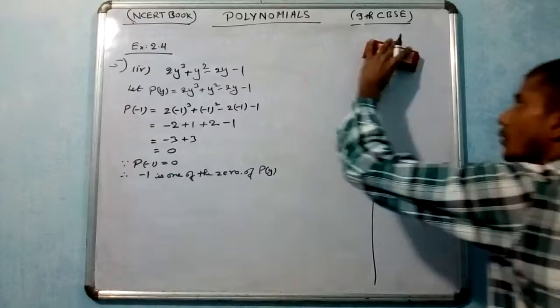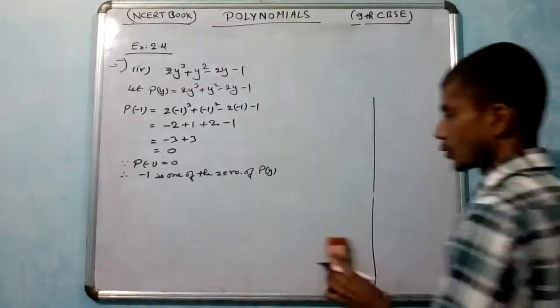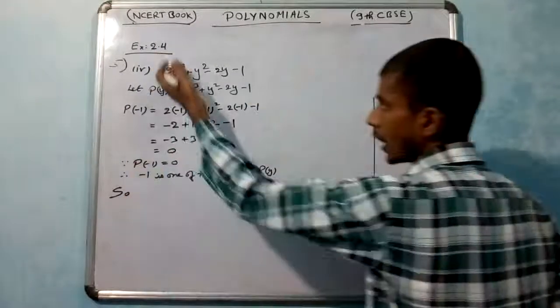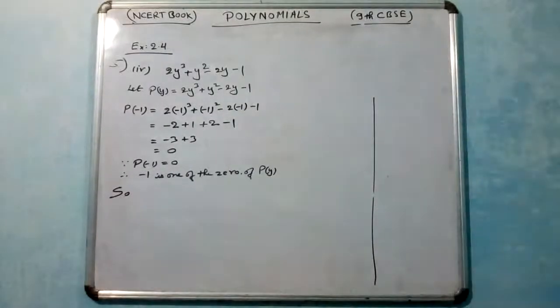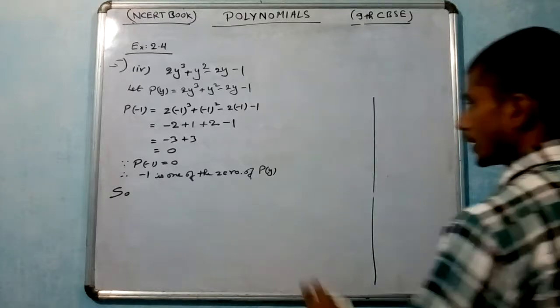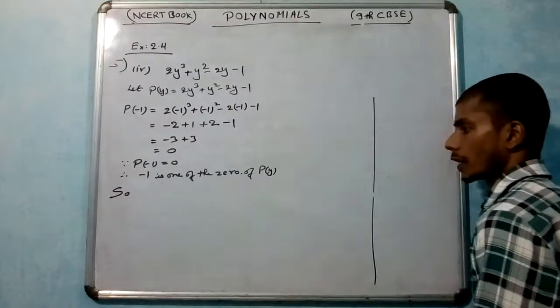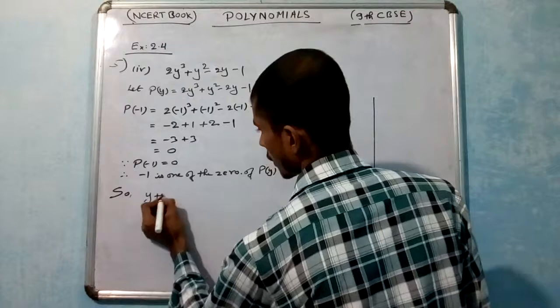No x here. Why x? This polynomial is in terms of y. Everything in fair I am writing, so why are you writing rough? So y plus 1.